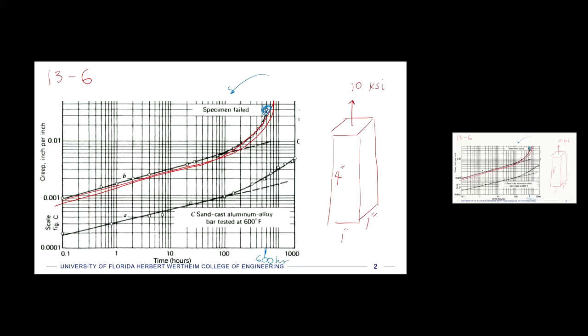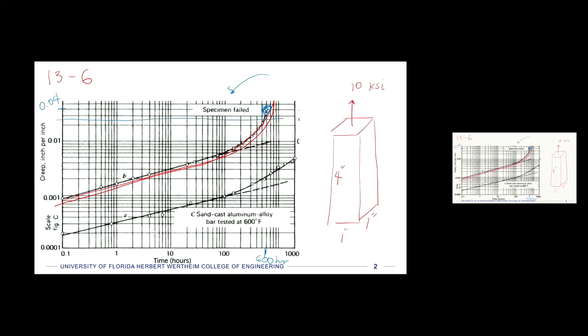And at that time, the specimen strain is 0.0203, right? So that's too high for what we were given, right? We said our creep strain was limited at 0.025. So we can also go back and say, okay, here our creep strain is about right here.